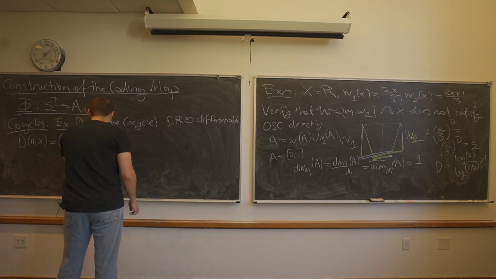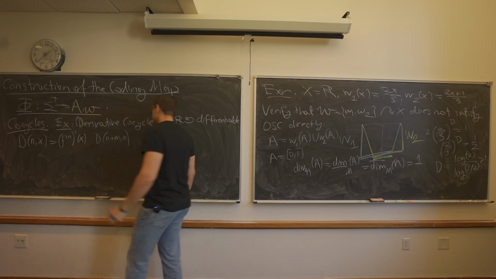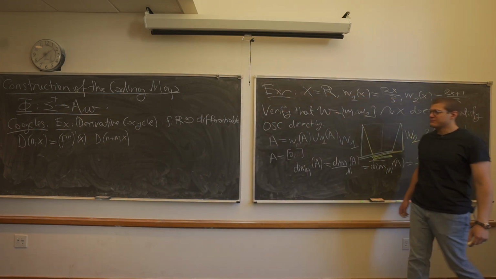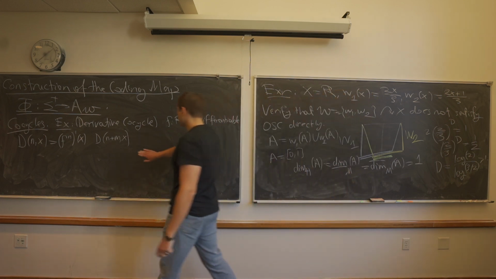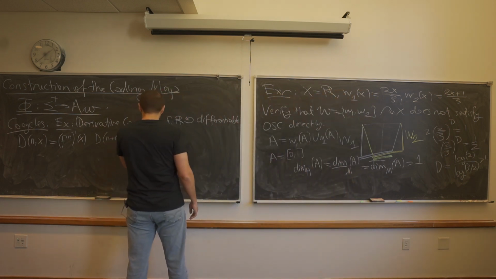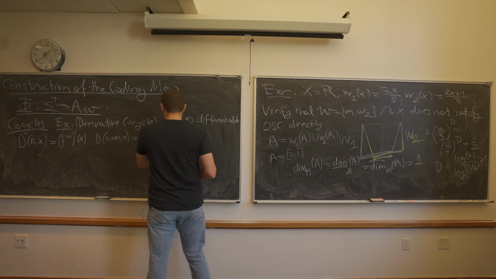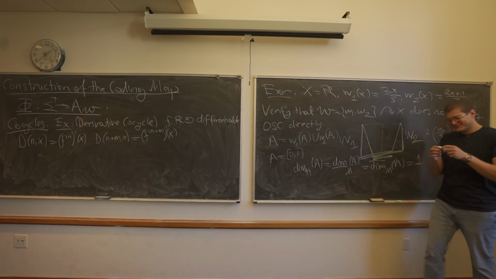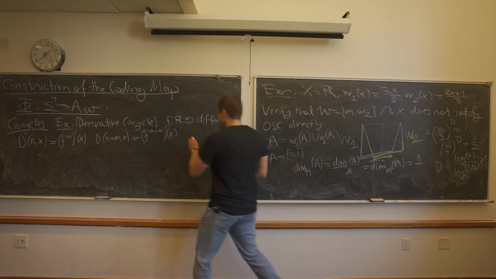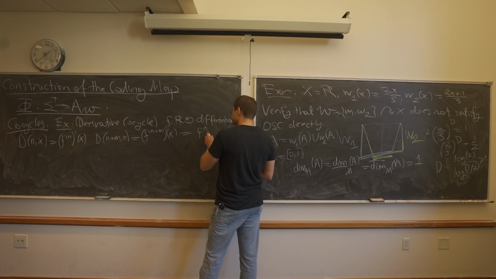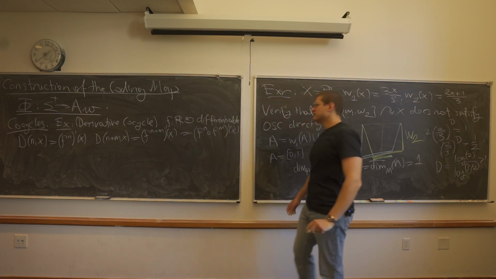What happens if I look at this? So the derivative cocycle at time n plus m at x. Okay, so let's open this up. But, okay, so what is this? This is the nth iterate function composed with the mth iterate, then I need to differentiate this.